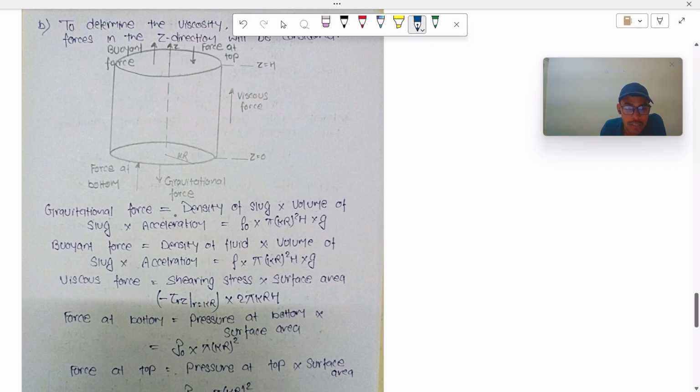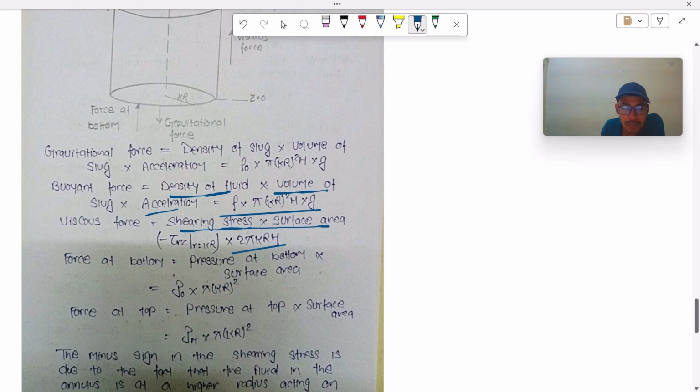The gravitational force is given by the density of slag into volume of slag into acceleration. Density into volume is mass, and this is acceleration, that is the force. Buoyancy force is given by density of fluid, volume of slag, into acceleration, and this is given by rho times pi kappa r whole square h into g. Viscous force is equal to shearing stress into surface area, and shear stress is given by minus tau rz at r equal to kappa r, into 2 pi kappa r into h.